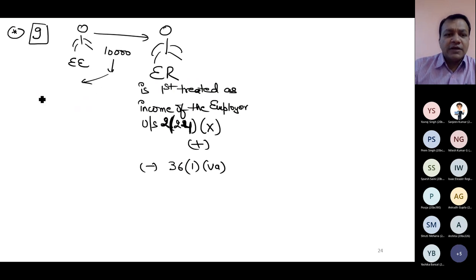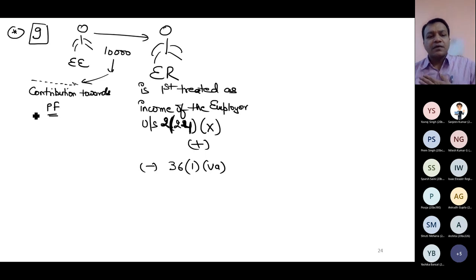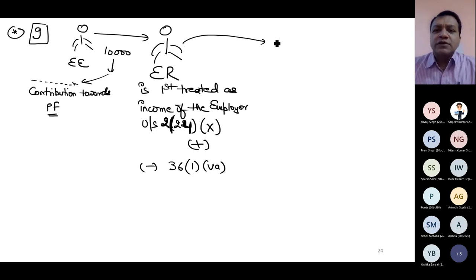The employee says to the employer, please deposit my 10,000 contribution towards a provident fund in my provident fund account. So the employer will receive it and pass on this 10,000 to the provident fund authority.